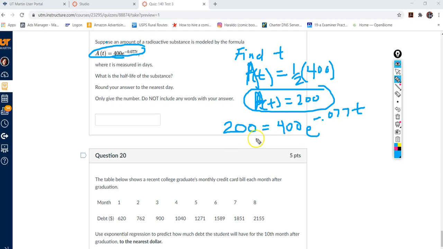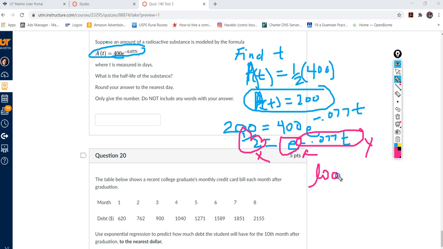Divide both sides by 400. And you've got to solve that for T. You have to solve for something in the exponent, so you're going to have to do a conversion. A to the Y is equal to X. And so if I convert it into logarithmic form, I get that.